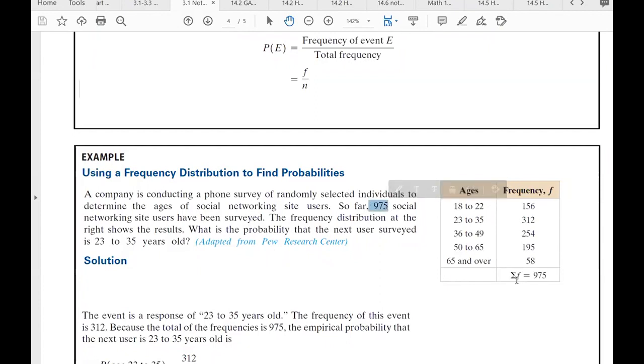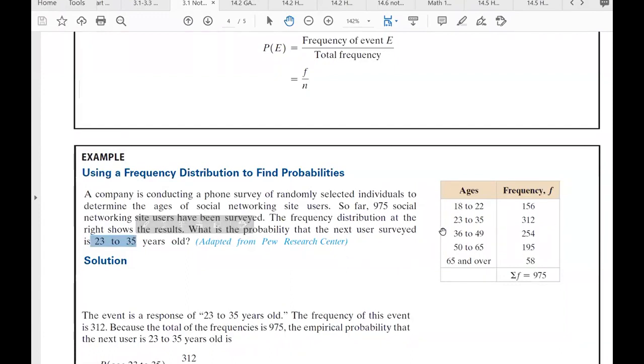It means that there are 975 people who took the survey. The frequency distribution at right shows the results. Question says, what is the probability that the next user surveyed is 23 to 35 years old?